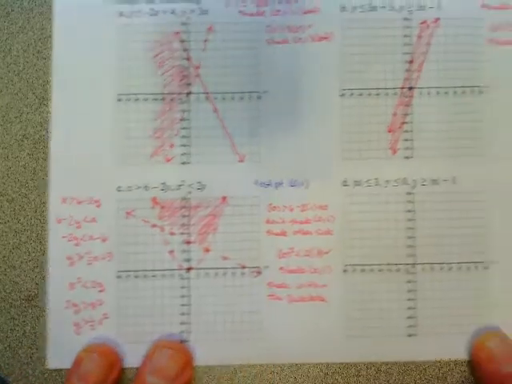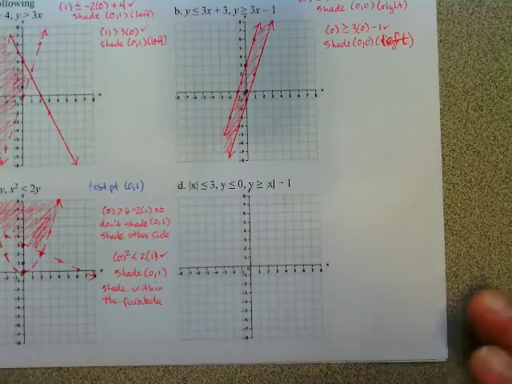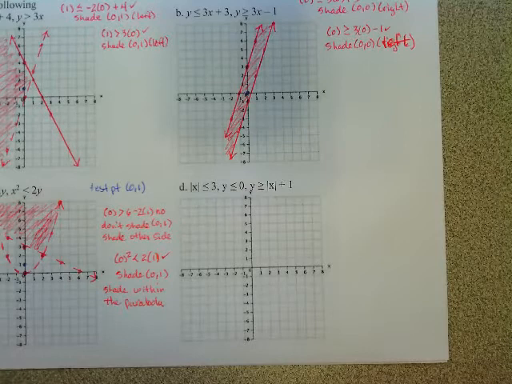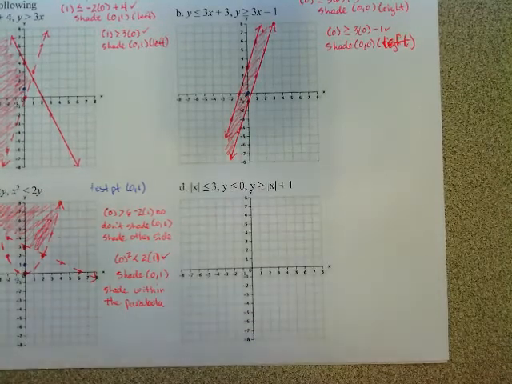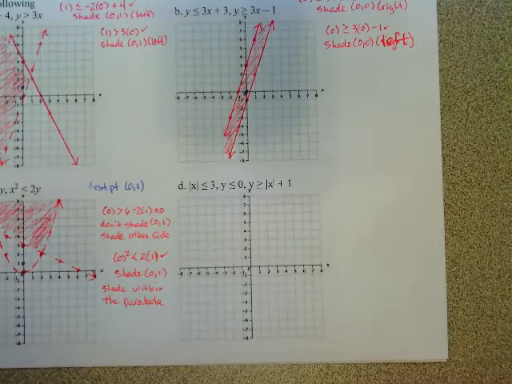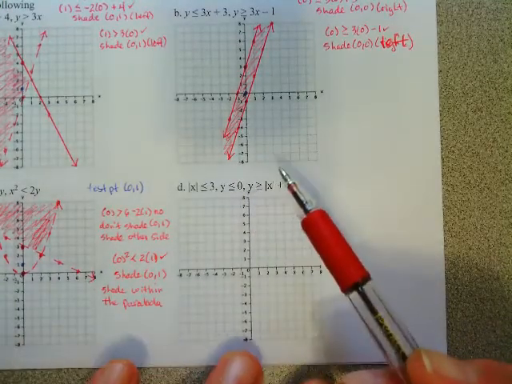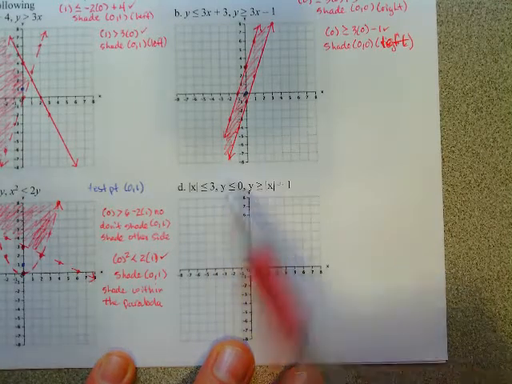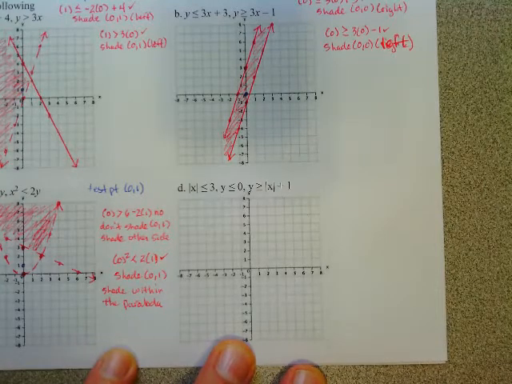Alright, so now in this last case we've got some absolute values. Remember that absolute values tend to look like V's instead of U's that the parabolas are. First off, we have absolute value of x less than or equal to 3.